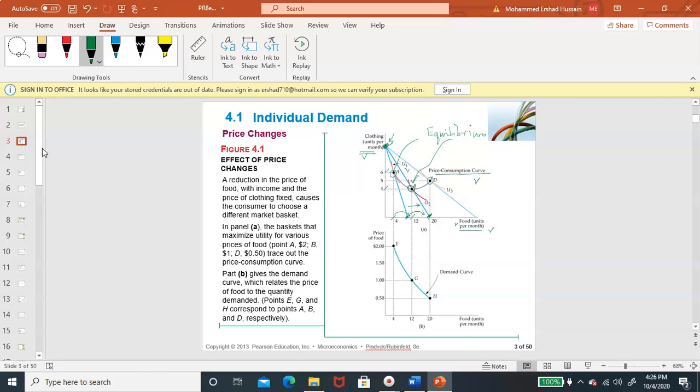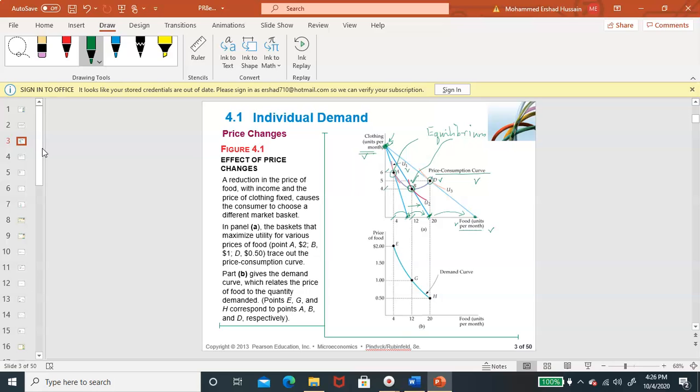Now what will happen if the budget line again rotates? If the price of food falls again, we know the budget line will rotate further and swing out. And here we have point D. At that point D, we have the U3 indifference curve. You see that?